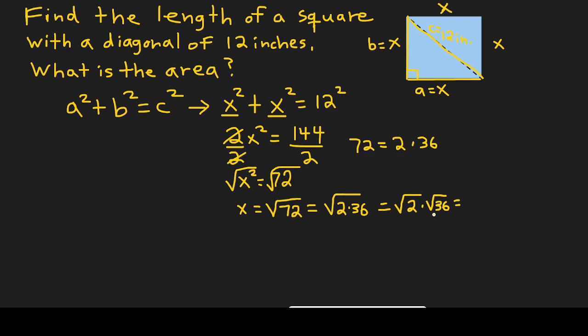So the square root of 36, well, what number times itself gives us 36? That would be 6, right? 6 times 6 is 36. So we'll have 6 times the square root of 2.